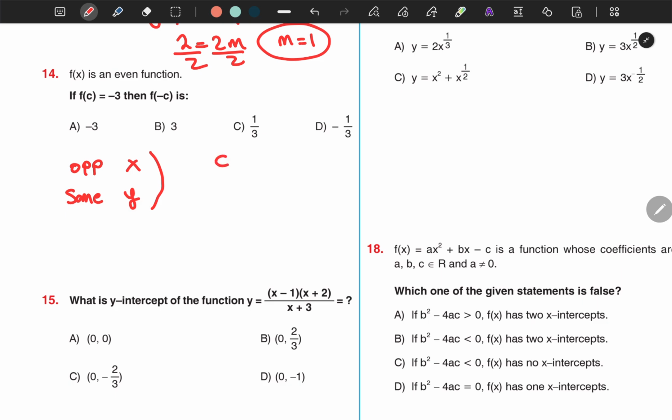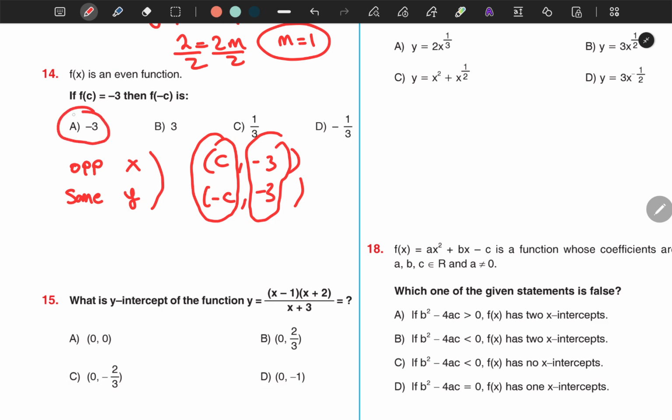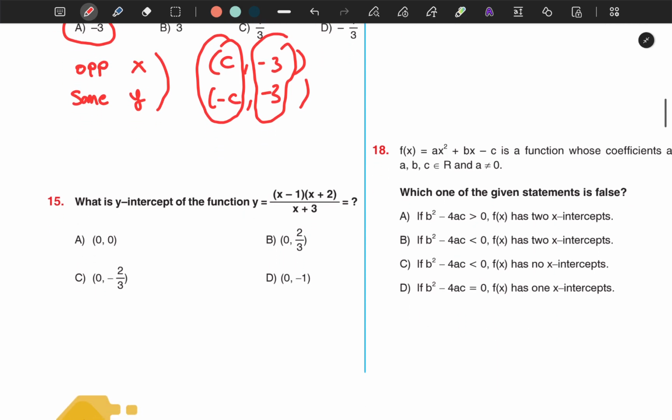It says that c is negative 3. What will be negative c here, guys? If this one is even function, those should be opposite, but the y part will be same, isn't it? So, which is negative 3. That's it. If it's f of x odd, it will be opposite, which is positive 3.